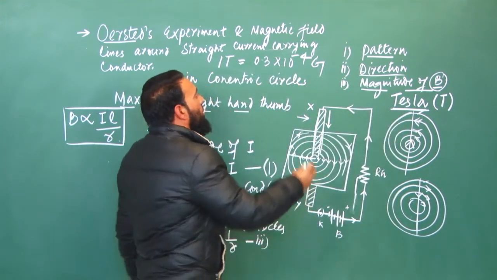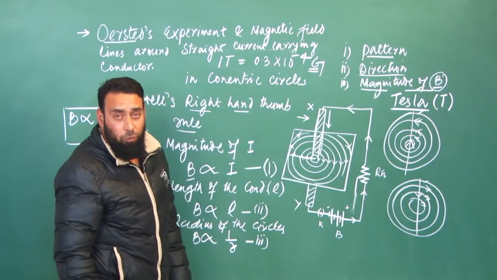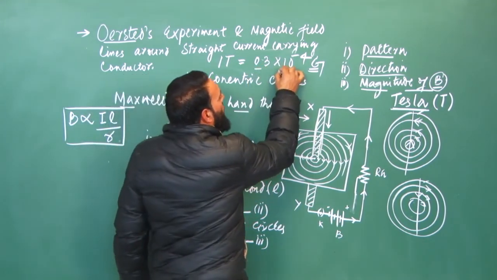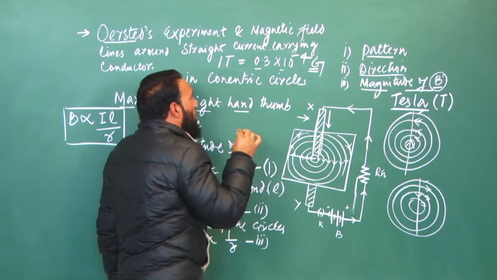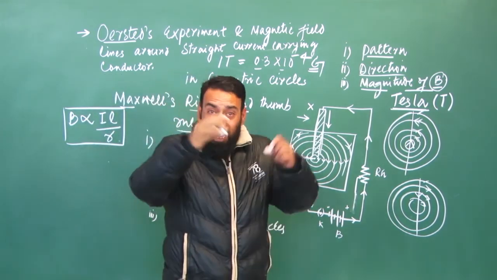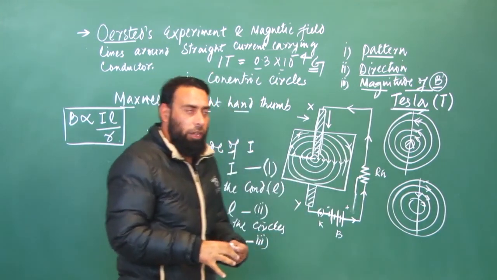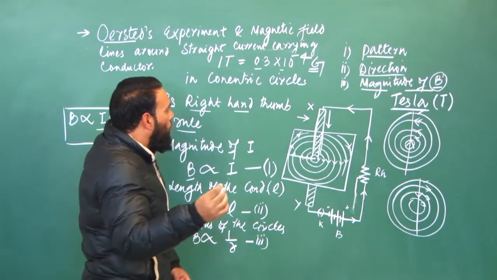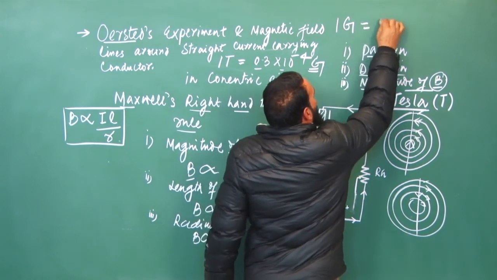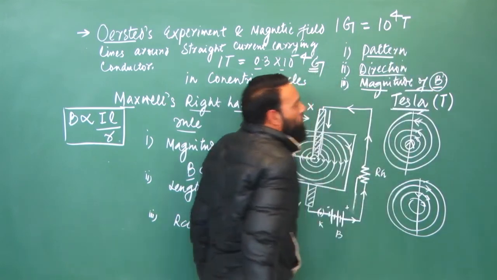And 0.3 into 10 raised to the power minus 4 Tesla, that is 1 Gauss, is basically the magnetic field strength of Earth's magnetic field near the surface of Earth. Okay? So 1 Gauss is equal to 10 raised to the power 4 Tesla.